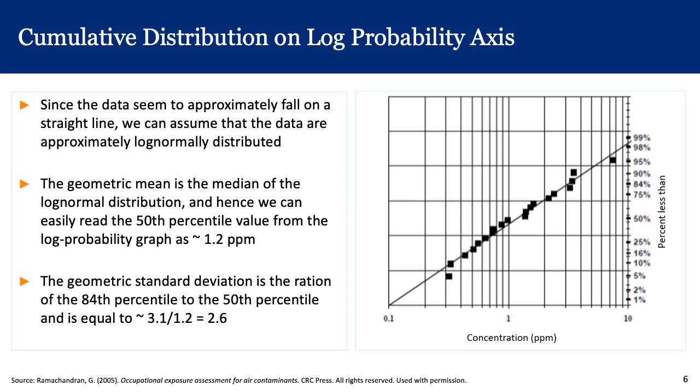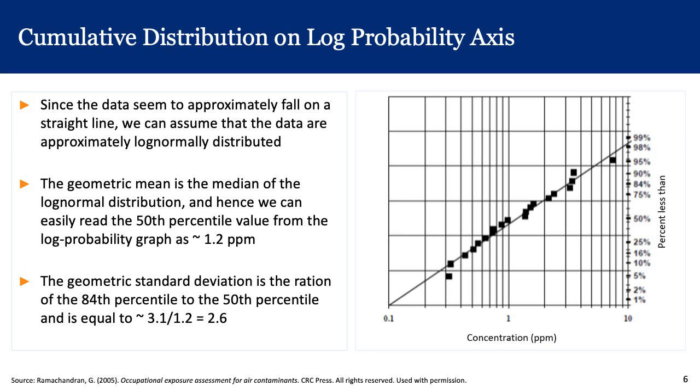So the ratio of those two is 2.6. And so that is the geometric standard deviation. So just in a very quick visual manner, we have obtained a value of 2.6. If we did a more precise calculation, we would get 2.38, as I showed earlier when we did the brute force calculation.